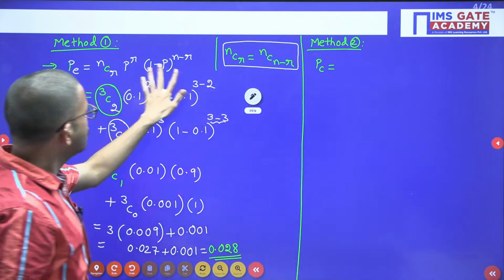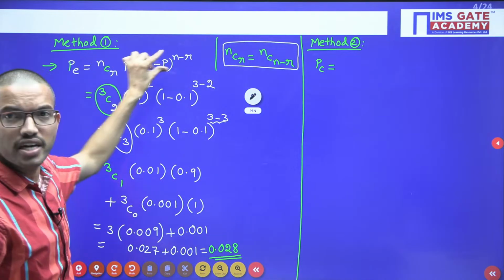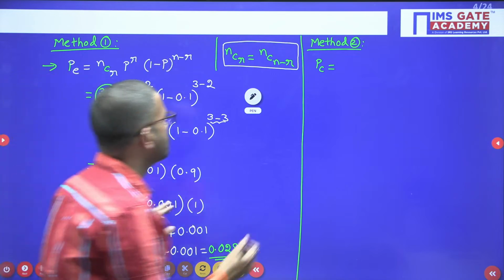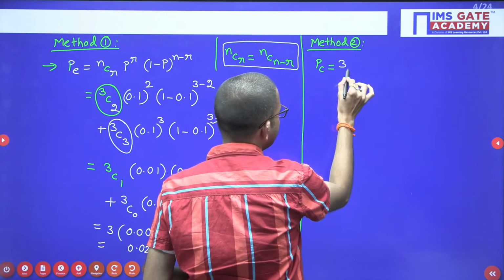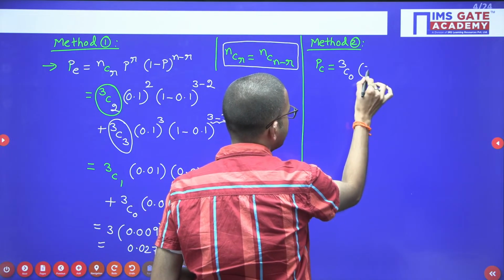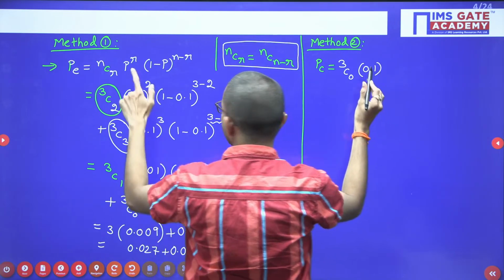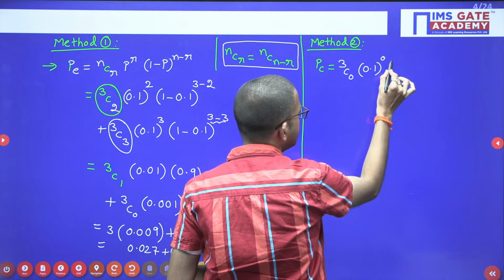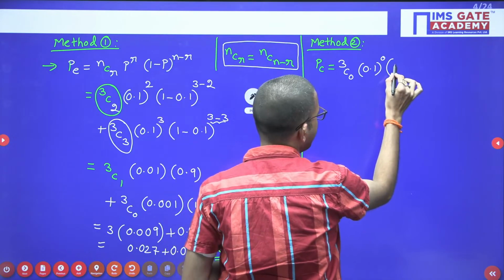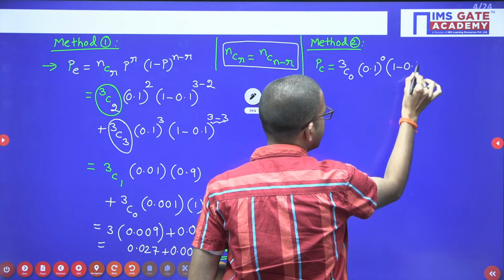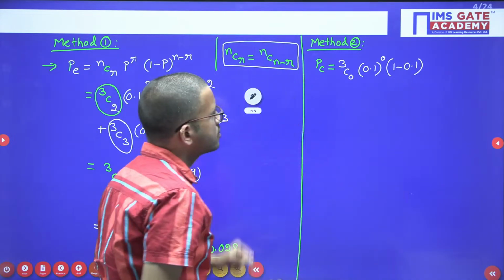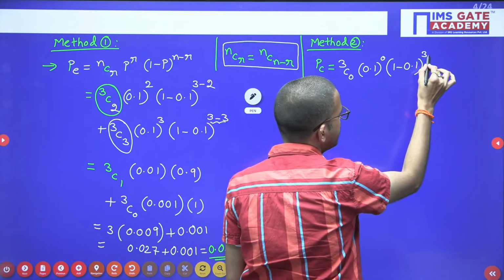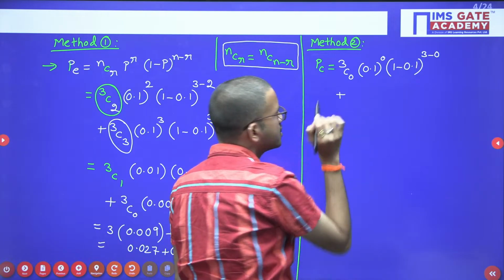Here we are having 2 terms, right? NCR P power R into 1 minus P whole power n minus R. So 3C0 into P is nothing but 0.1 whole power R is nothing but 0 into 1 minus 0.1 whole power 3 minus 0. So this is the first term.